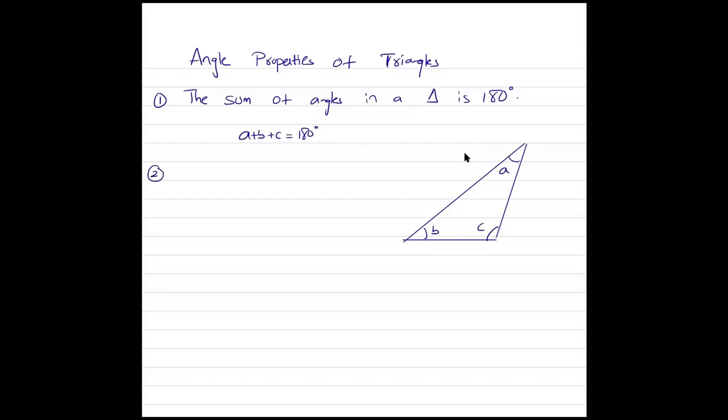The second angle property is that the exterior angle of a triangle is equal to the sum of the two interior opposite angles.